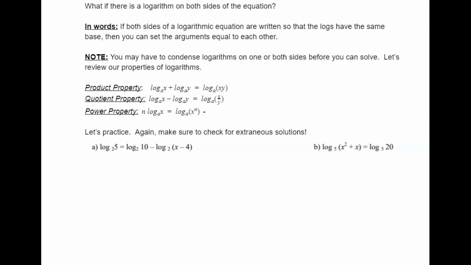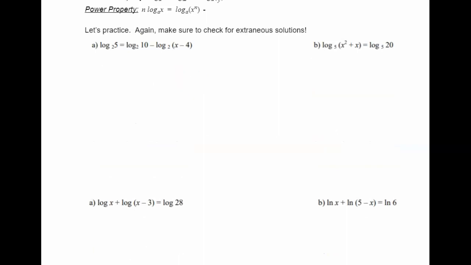This is also reviewing our properties from last time. I'm going to start with example B. Because my logs are the same, log base 5, I can just set the insides equal. This is kind of like the idea that we can set our exponents equal.